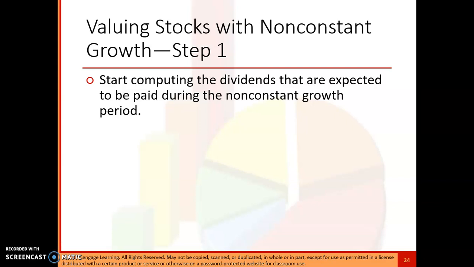In my mind, this is an unnecessary step. That last non-constant growth dividend is going to grow at the constant growth rate, so you can skip that step. If you look at the example I've posted in problems, called non-constant growth model, it goes through this problem in detail.